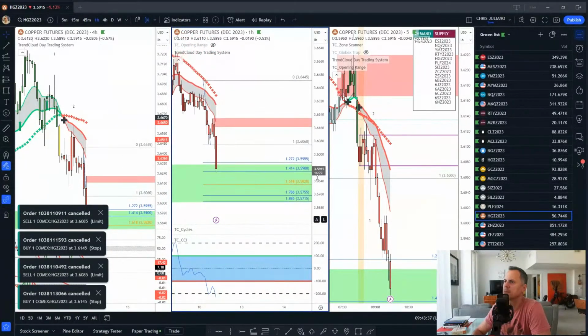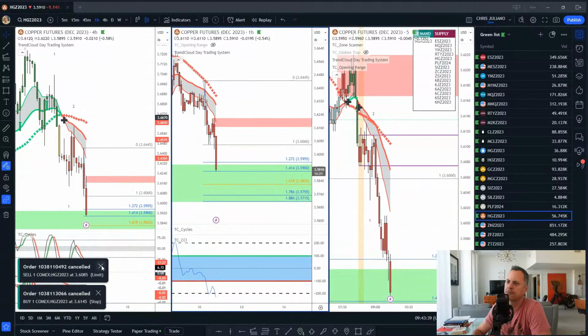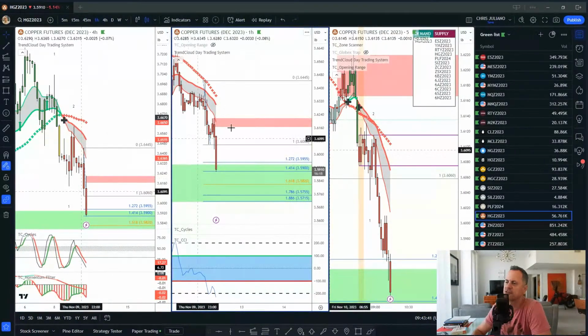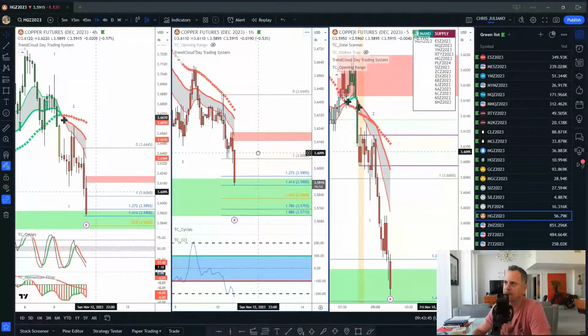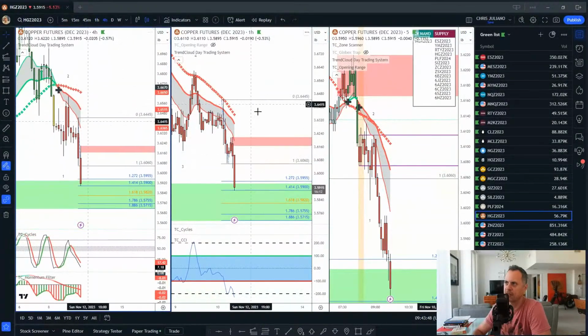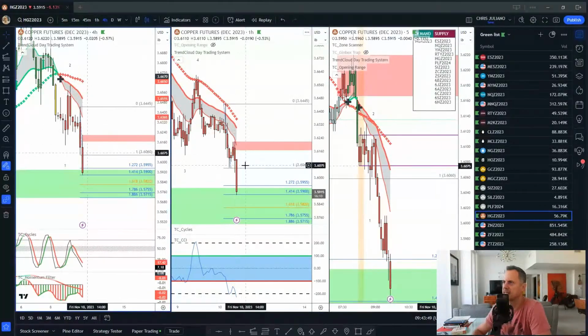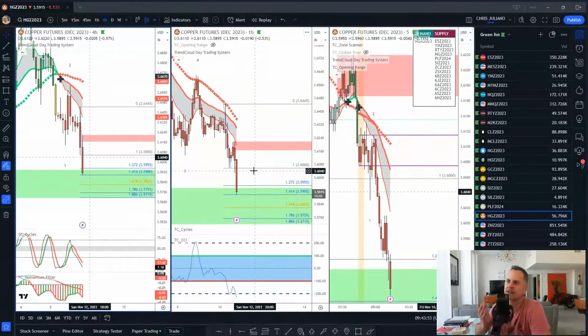Fake this out a little bit. If we had 2 contracts, it would have been super easy to stay in this trade, right? There's no reason to get out of this trade, but because we only had 1 contract, you can't take that risk of a reversal. 76% of the time it's going to hit that 2-to-1.